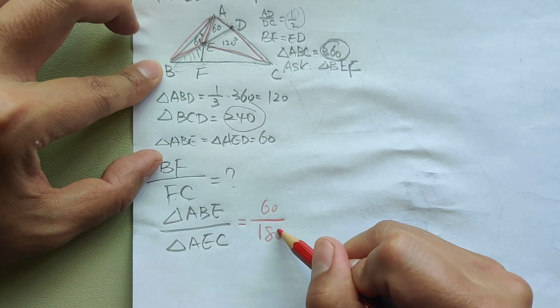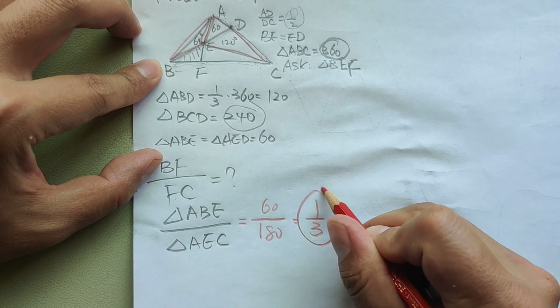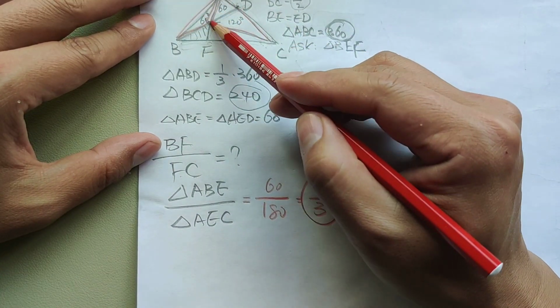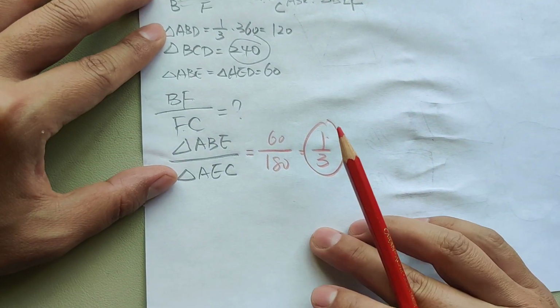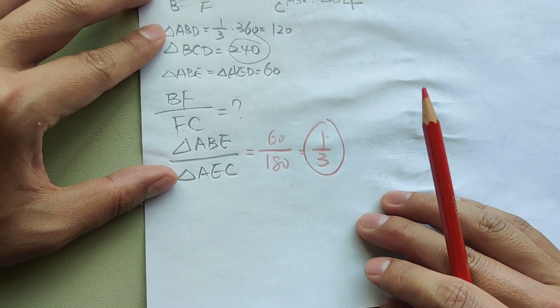ABE to AEC. You already know this ratio. But how can I use this?